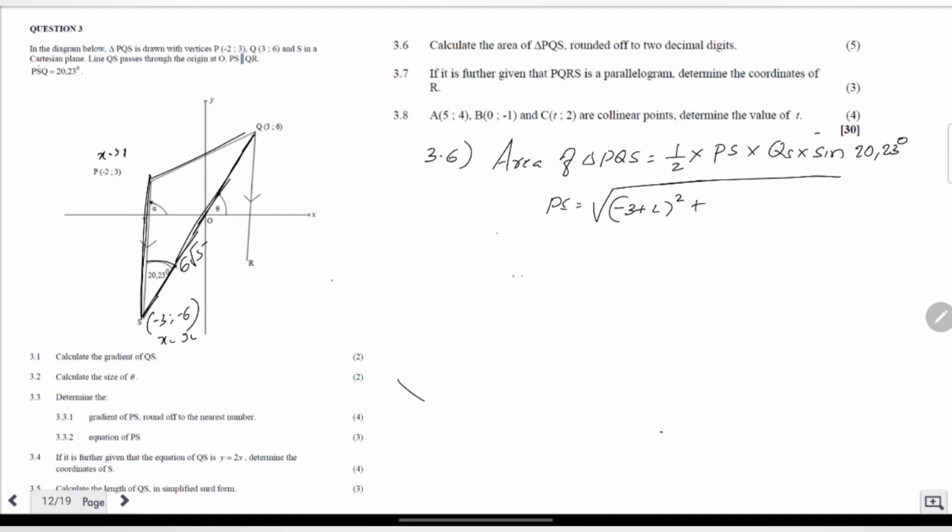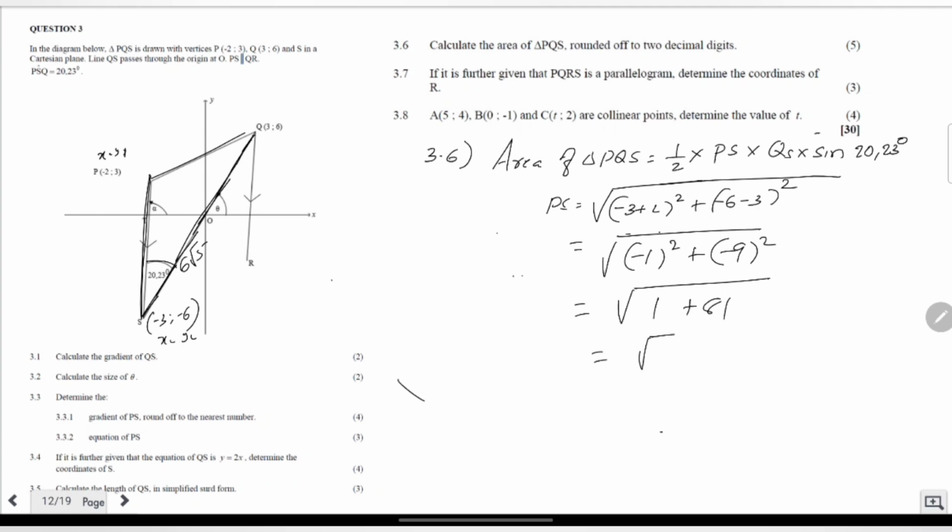I don't know, you may get a formula sheet, but please guys remember the formula. x2 minus x1 whole squared plus y2 minus y1, that is minus 6 minus 3, whole squared. Alright, square root of: minus 3 plus 2 is minus 1. Minus 1 squared plus minus 9 squared, which is going to be the square root of 1 plus 81, which is the square root of 82, isn't it? So square root of 82, we got it.